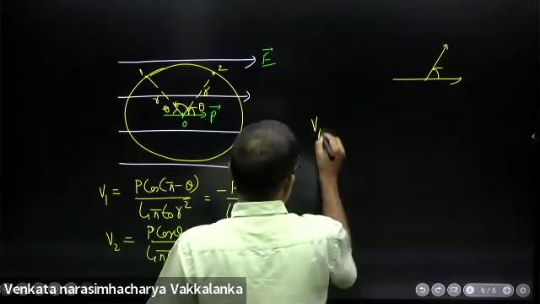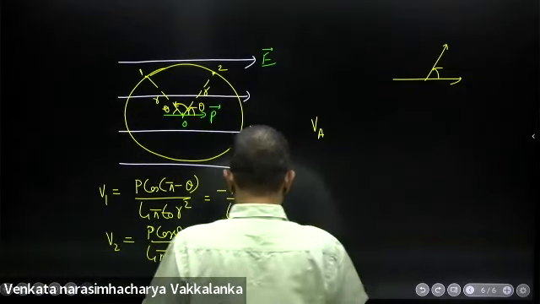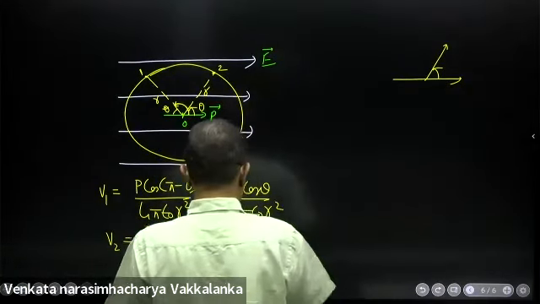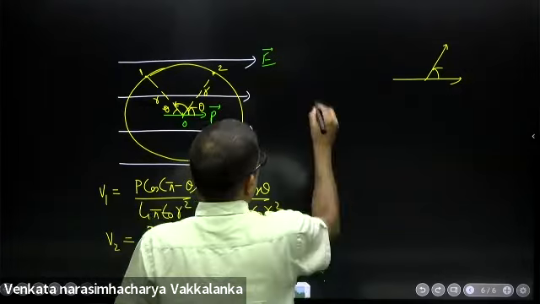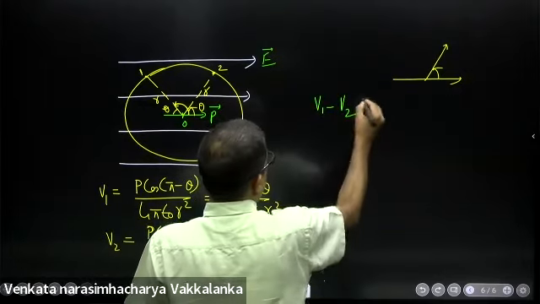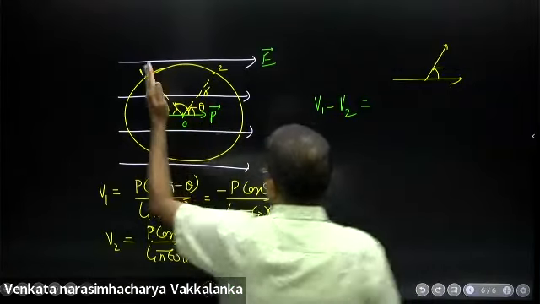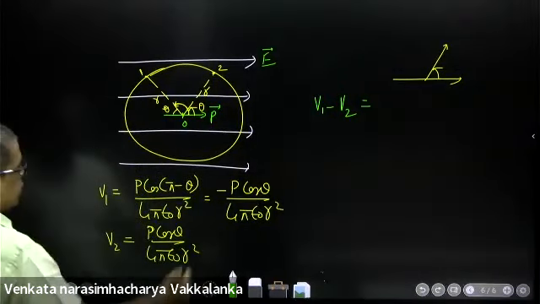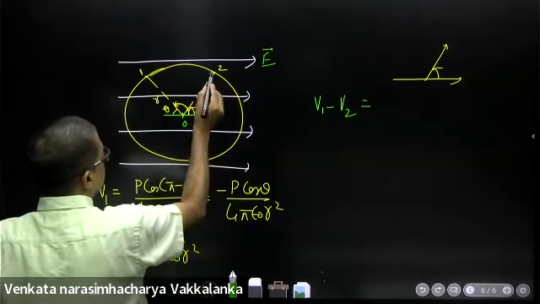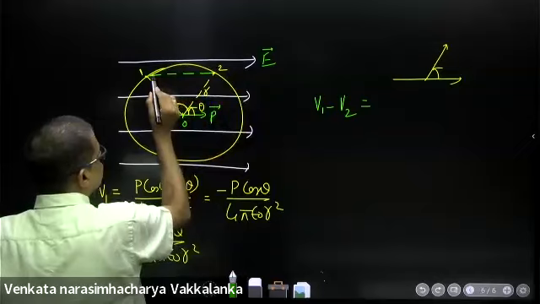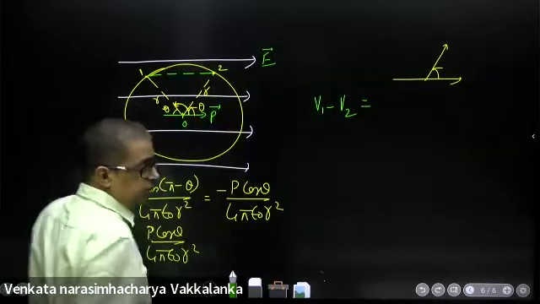Now V1 minus V2, or V2 minus V1, should be equal to the potential difference generated by this field.